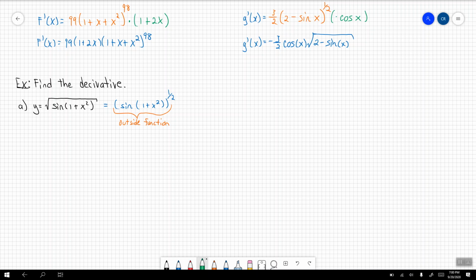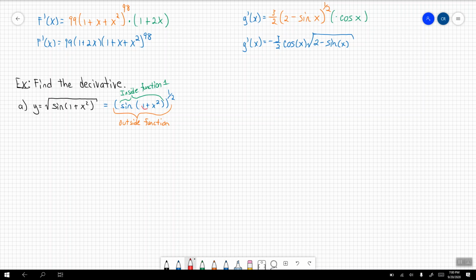So what's your inside function? Well, that inside function, I'm going to say inside function 1, is this one, sine of the quantity of 1 plus x squared. And then we still have another function inside of that one.